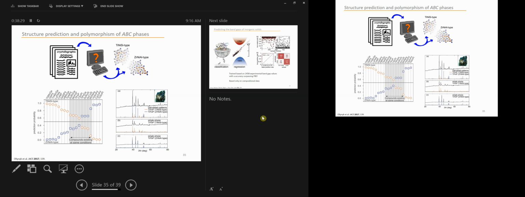For example, our former postdoc Anton Oliynyk used machine learning to predict crystal structures and look at the polymorphisms of ABC phases. While he was looking at distinguishing between TiNiSi-type crystal structure and ZrNiAl-type structure, he noticed that the prediction probability of some of these compounds is very similar to each other.